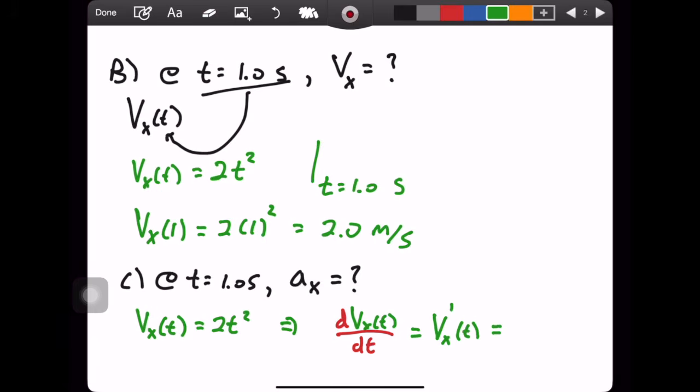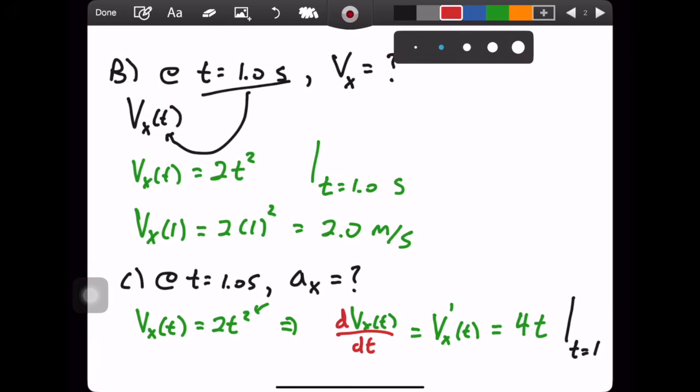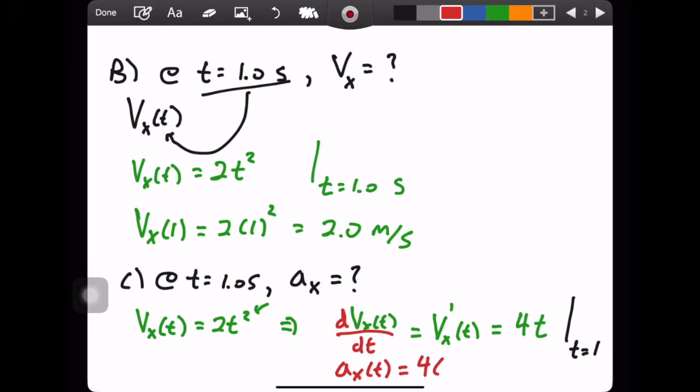And so if vx of t equals 2t squared, if I'm going to take the derivative of that, the exponent 2 is going to come down and multiply by the coefficient 2. And so you're going to get 4t. And we want to evaluate that at t equals 1. And so quite simply, since we know that v prime is going to be the acceleration, we can say that the acceleration in the x direction as a function of t is equal to 4t.